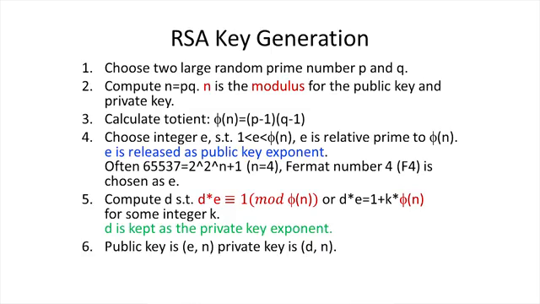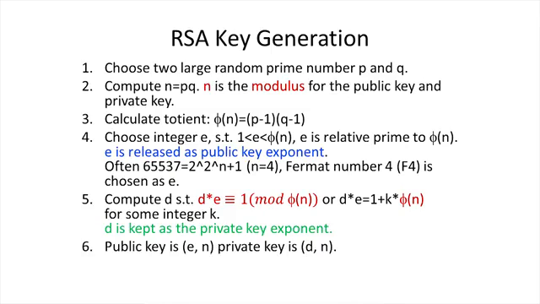Fourth, we choose the integer e such that it is between 1 and phi of n, and e is relatively prime to phi of n. Then e is released and sent out to everyone as the public key exponent.